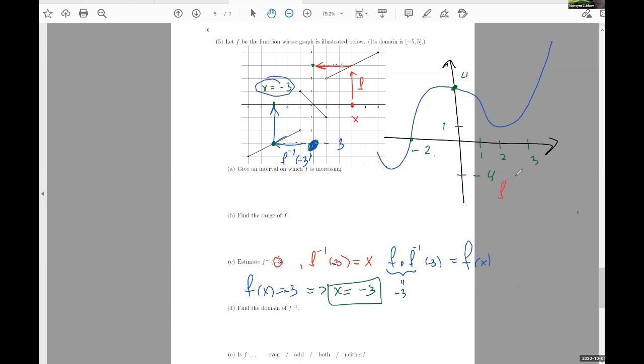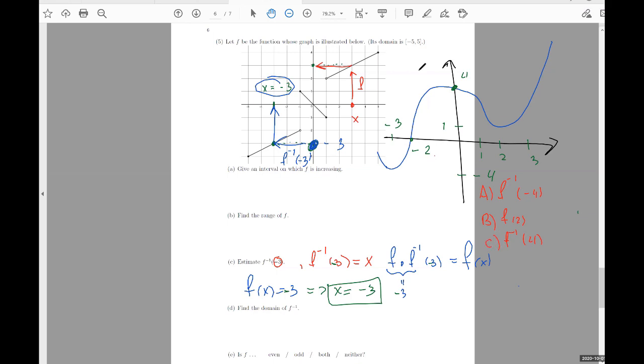So first, tell me what is f inverse of -4. What is approximately f of 2? And what is f inverse of 4? So let's say this is A, B, and C.